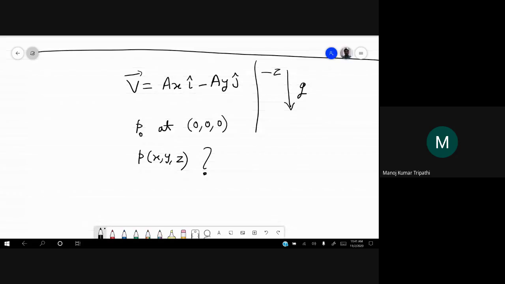So please find this. This is inviscid, incompressible, steady state.